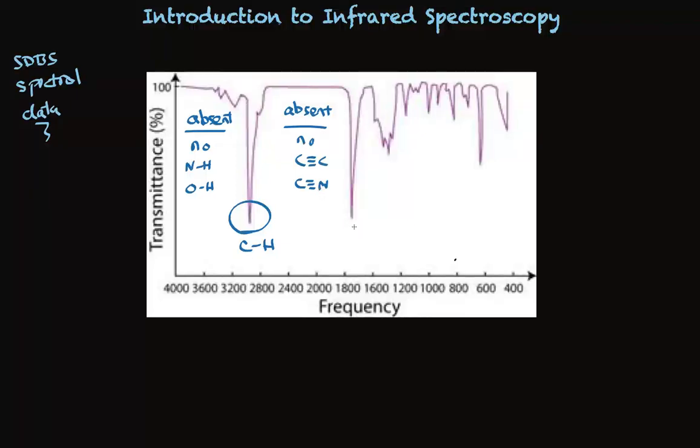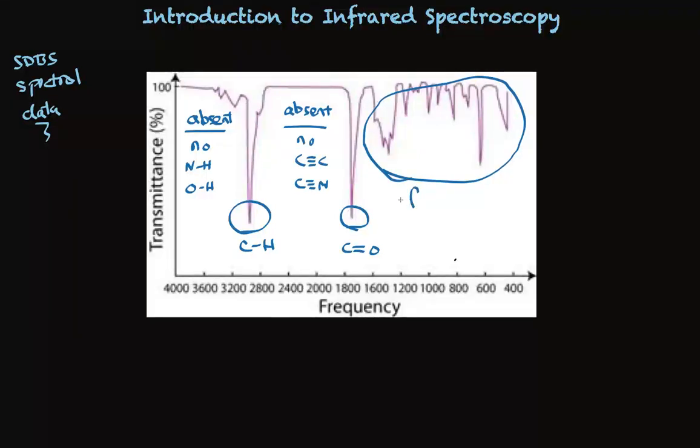And then finally, we see a strong absorption in the range where we predict carbonyls will absorb. And by the way, carbonyl absorptions are almost always strong and sharp, as you see here. Ultimately then, on the right, we see a complicated pattern that will be very difficult to interpret.